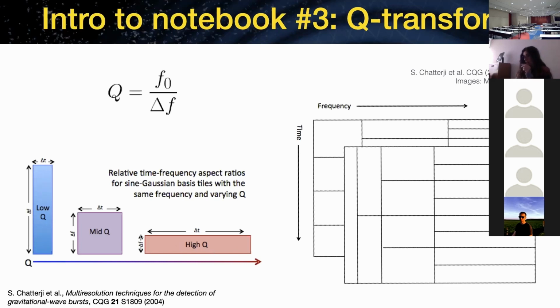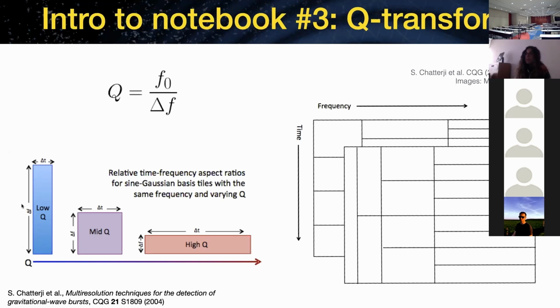You focus very much on the frequency and you check a broad interval of time. You can control this behavior with a quantity Q, defined as the central frequency divided by the delta F of your tile. That is the Q factor, the quality factor.